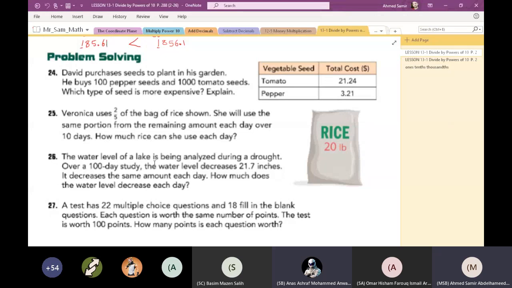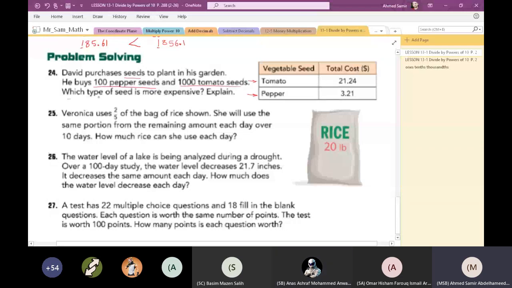Right, let's see here. David purchased seeds, right? So he bought 100 pepper seeds, and from the tomato, he bought 1,000. 100 for pepper and 1,000 for tomatoes.